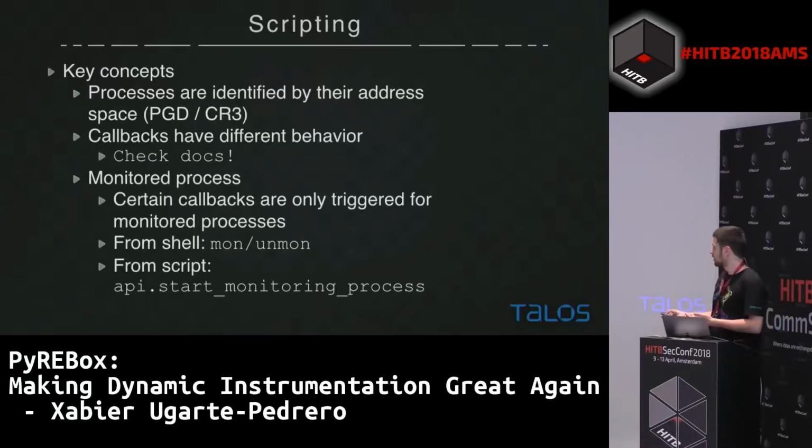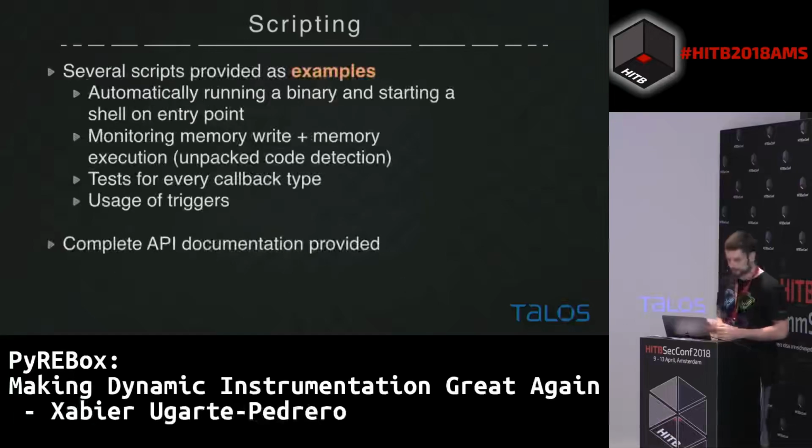But we can use the concept of monitored processes to limit the number of processes whose events we listen to. We can use these two commands from the cell, or these functions from a script. Whenever we mark a process as monitored, for all the events that we registered, we will get a callback for any of the processes in the list.